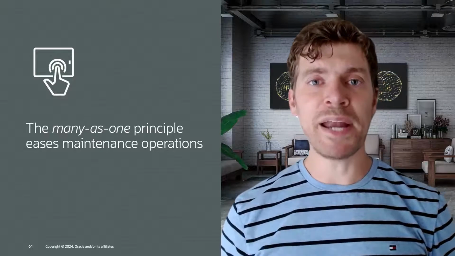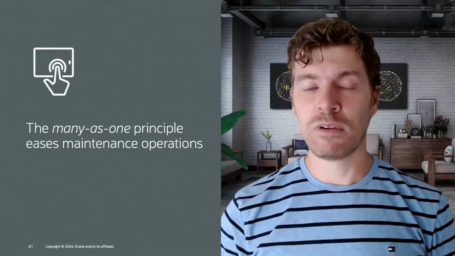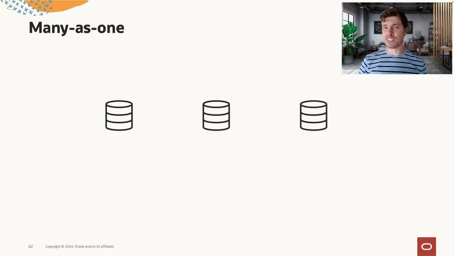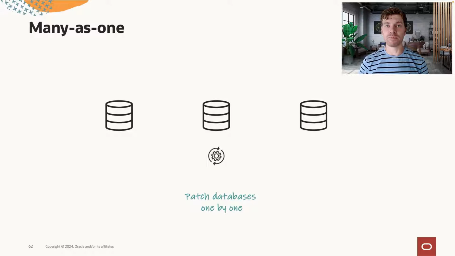We have this many-as-one principle. What is this many-as-one principle? So if you had, for example, 3 databases that were non-CDB in the past, and you want to patch each of them, how would you do that? You would need to kick in the patching process for each of those databases one by one.